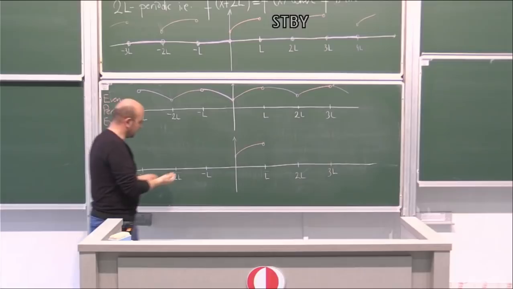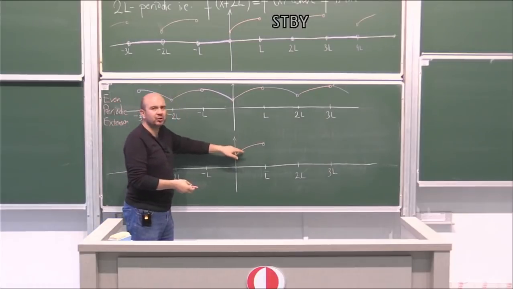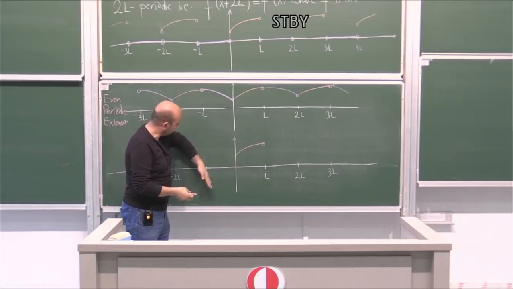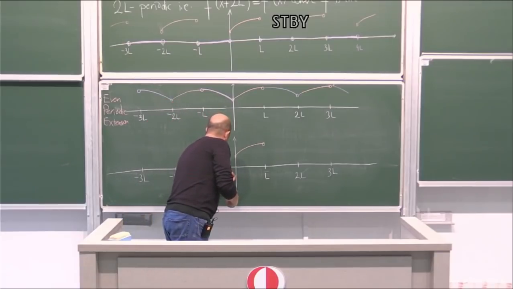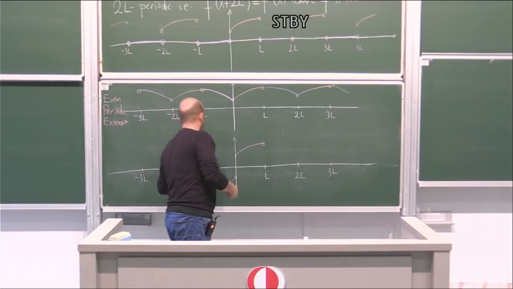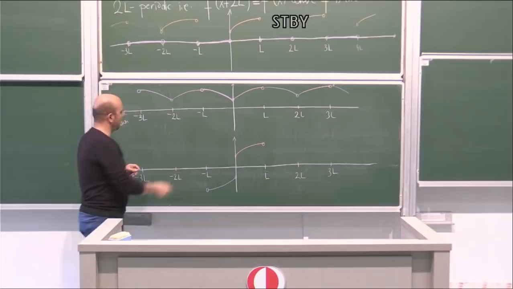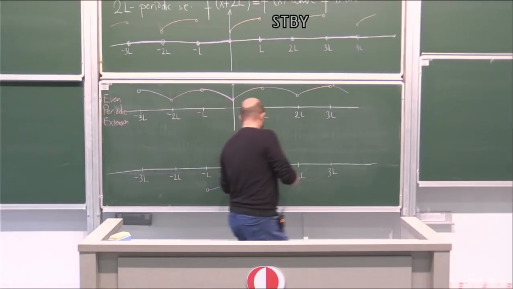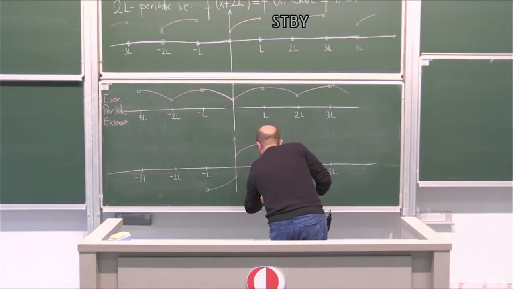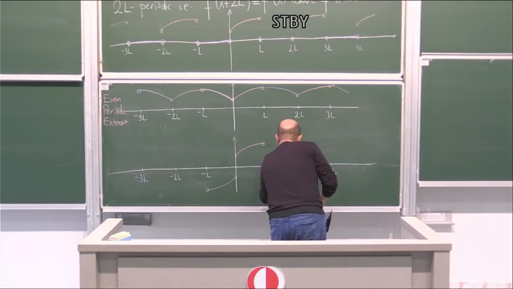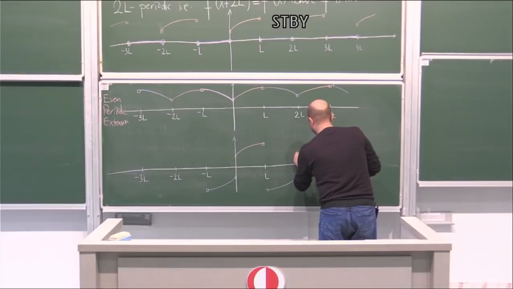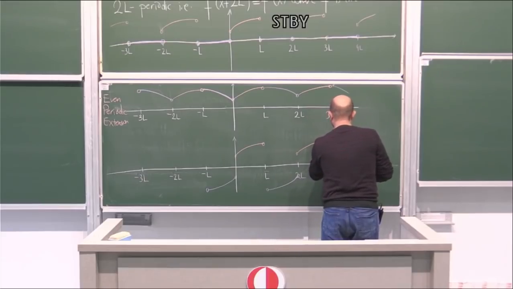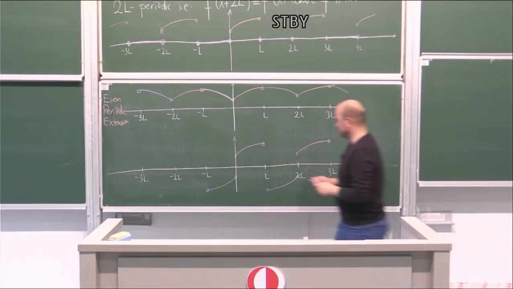Now odd functions are symmetric with respect to the origin. So I will take symmetry with respect to the origin. Then we will get something like this. After this, I will copy and paste. So we will have it like this.